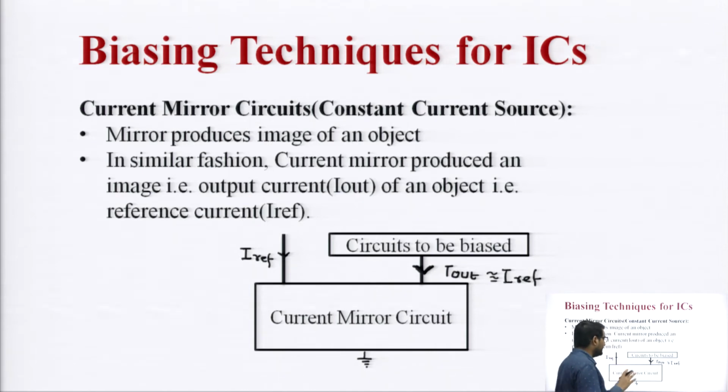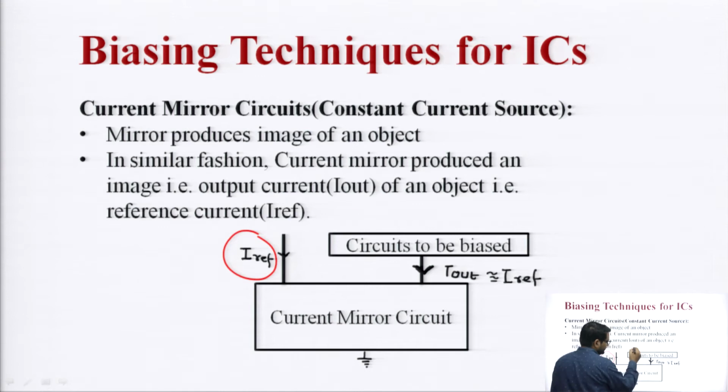Here is the reference current, and here is the circuit to be biased. This circuit may be a differential amplifier, a level shifter, a power amplifier, or an intermediate stage of an operational amplifier. We can use this current mirror circuit as the biasing of a well designed circuit.